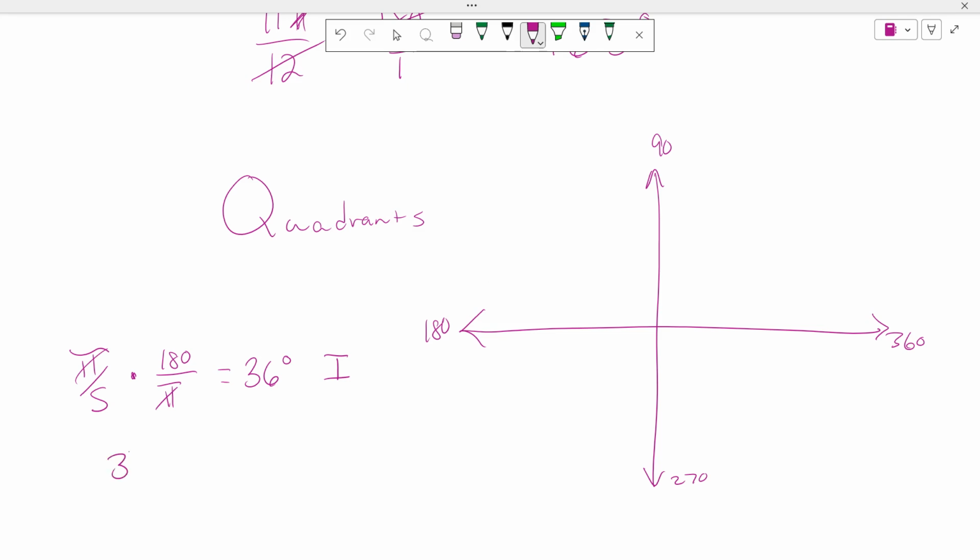What if I have 3 pi over 2? Well, if I multiply by 180 over pi, the pi's cancel. 2 and 180 cancel, to be 90. So that's 270 degrees. What quadrant am I in?